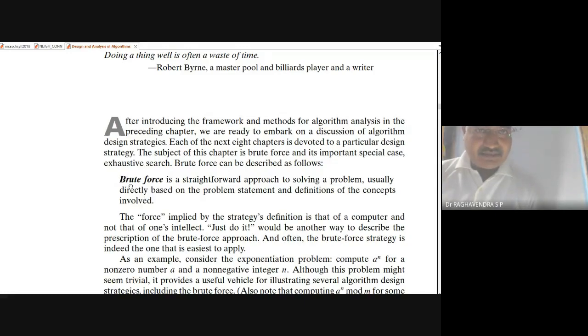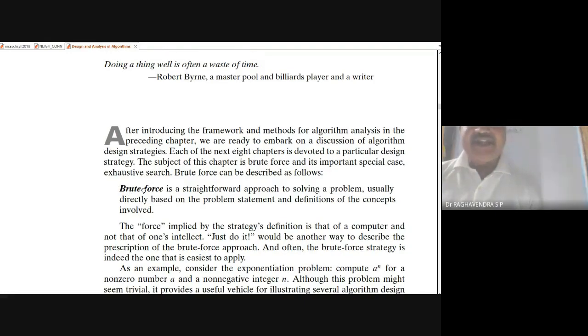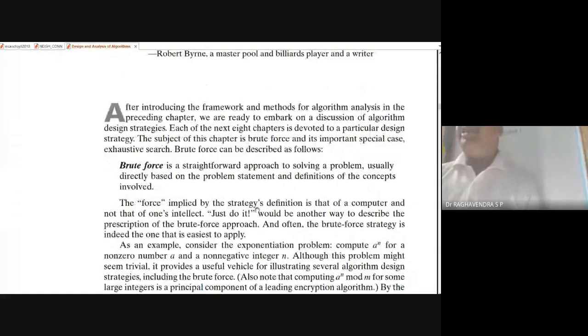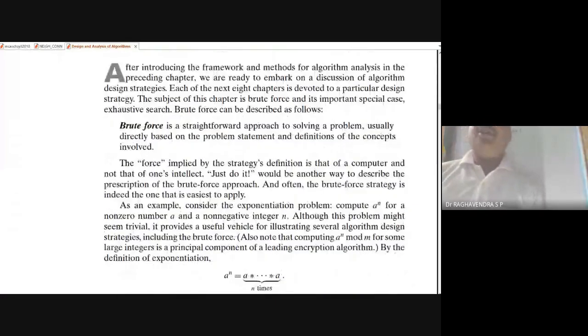So this is the definition of brute force. Brute force is a straightforward approach. It means there is no other way. Whatever problem we consider, it will be solved straight away. There are no alternative methods by which we can modify the basic methodology.